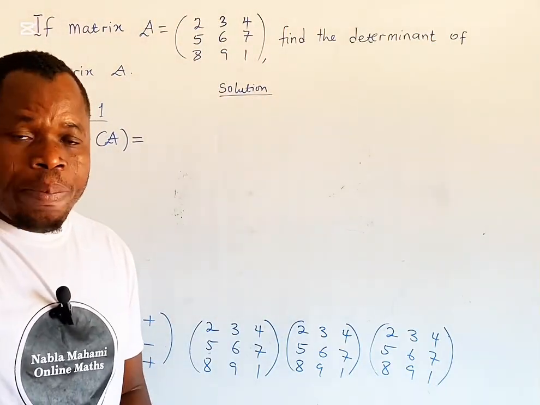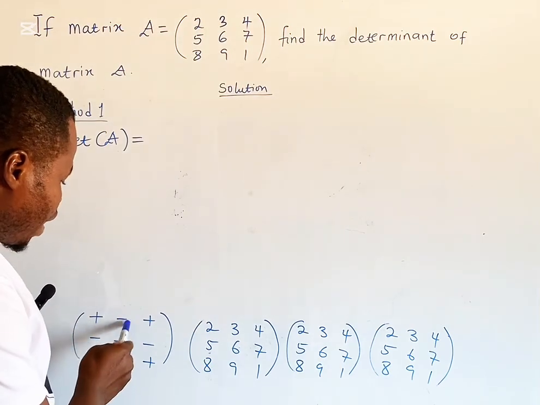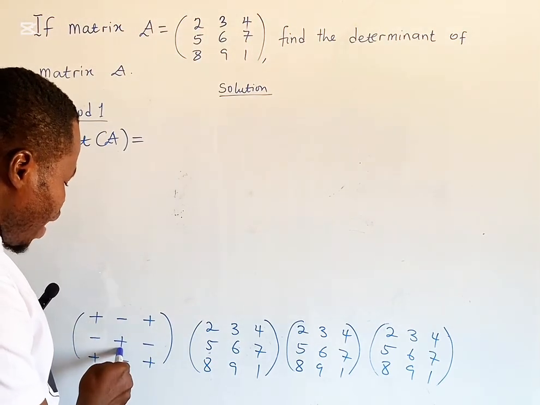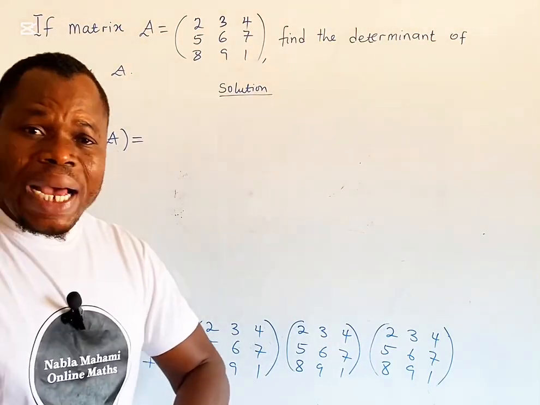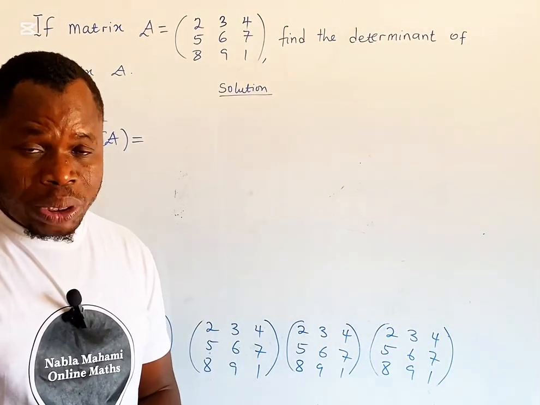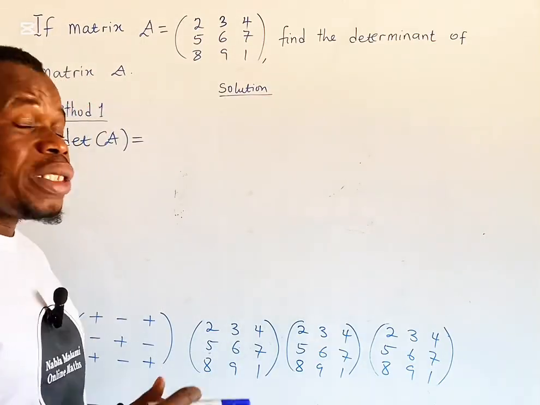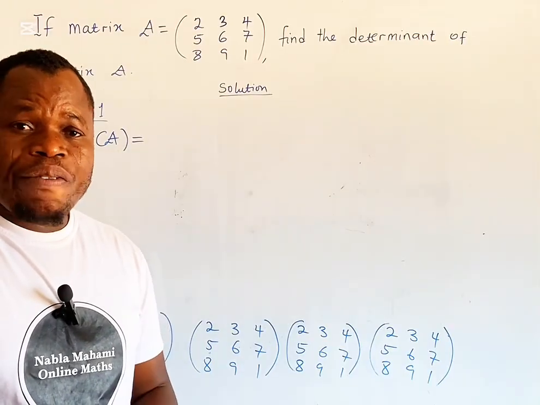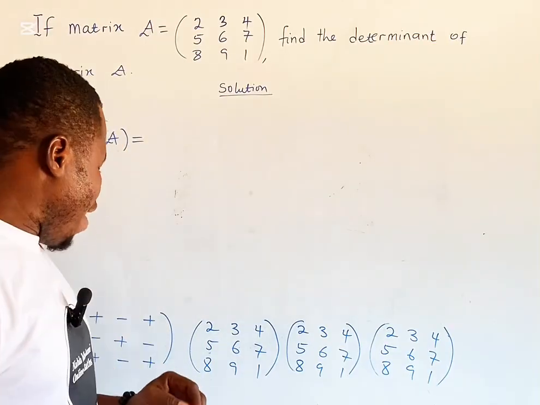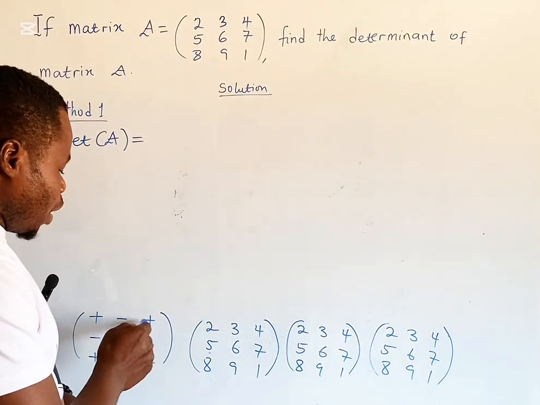So you have to develop a pattern, and this is how the pattern looks: plus, minus, plus, minus, plus, minus, plus, minus, plus. You can decide to use any of the rows to find your determinant, but I'm going to use the first row. To use the first row, you look at the signs plus, minus, plus.